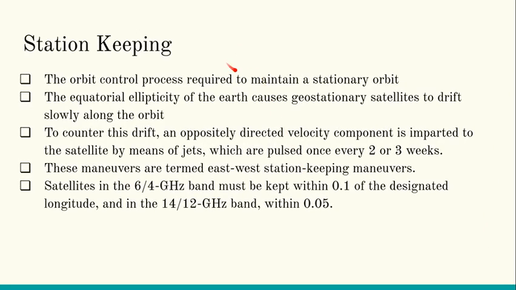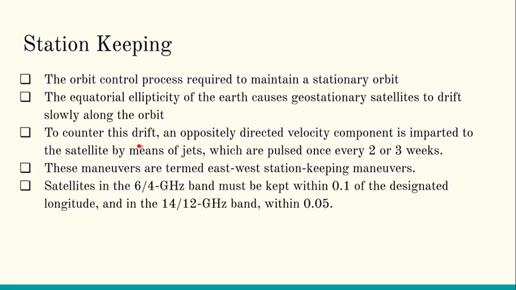Now let's see what is station keeping. Station keeping in simple terms is to maintain the satellite in the orbit. That is all about station keeping. In general, because of different reasons, a satellite tends to drift from its original location, and we have to counter this drift, and for that we have to direct a velocity in the opposite direction.